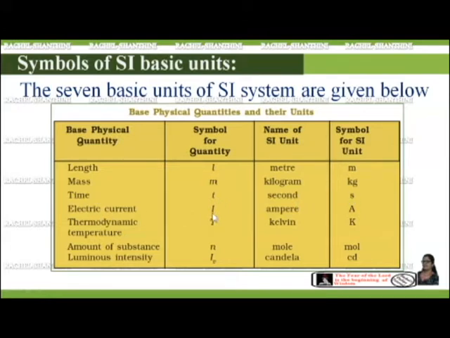Electric current, symbol I, SI unit ampere, symbol A. Thermodynamic temperature, symbol T, SI unit Kelvin, symbol K. Amount of substance, symbol n, SI unit mole, symbol mol. Luminous intensity, symbol I suffix v, SI unit candela, symbol cd.